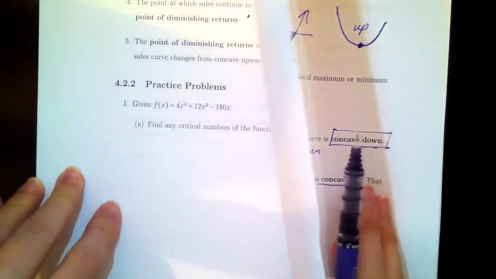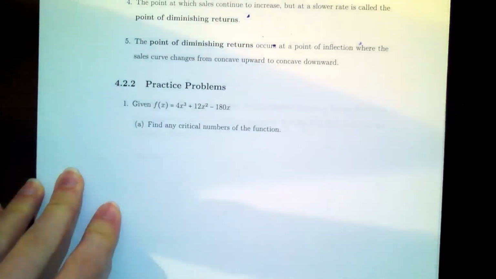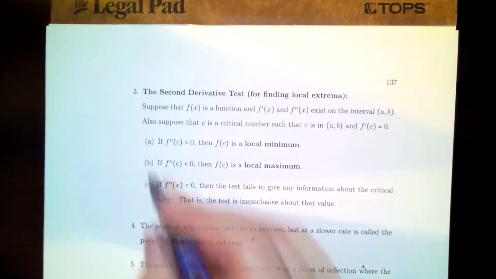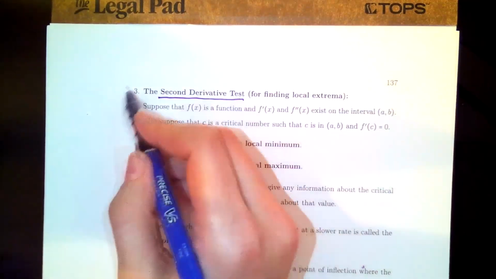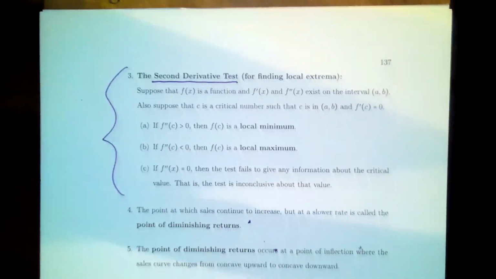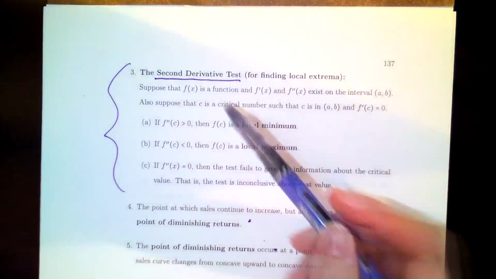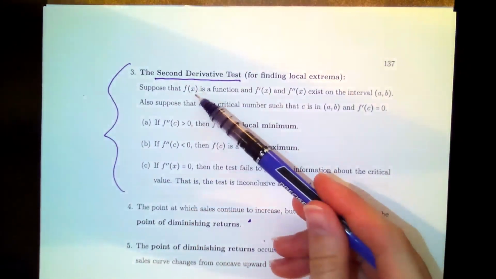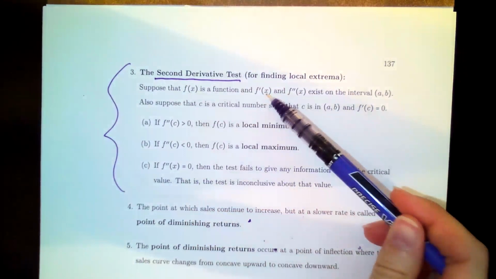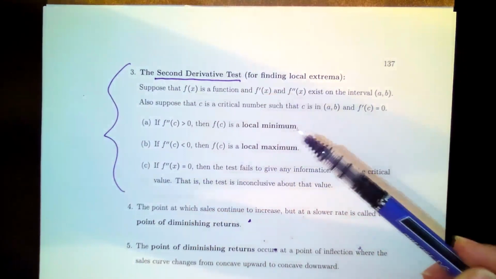So let's put this to use. Let me show you the steps here. The second derivative test, these are the steps for it, here in number 3. The first sentence or so is a lot of qualifying information. Suppose that f is a function and that you can find the first and second derivative on an interval.